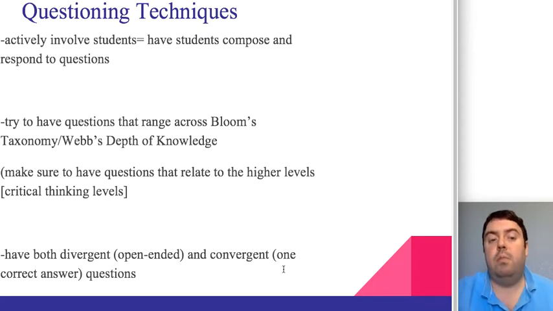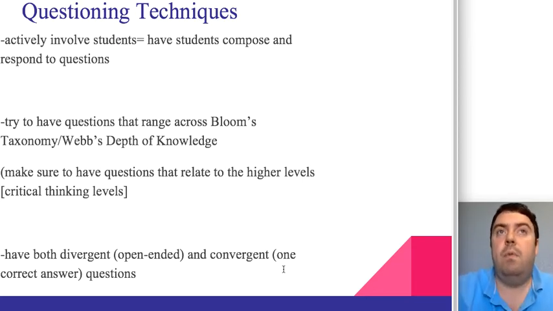So if you're using either Bloom's taxonomy or Webb's depth of knowledge to determine the level of rigor or difficulty level of your lesson, make sure you're asking questions that are at the lower level of rigor, like what is photosynthesis, and also questions that are at the higher level of rigor or difficulty, like why is photosynthesis important, or how does photosynthesis relate to another concept.